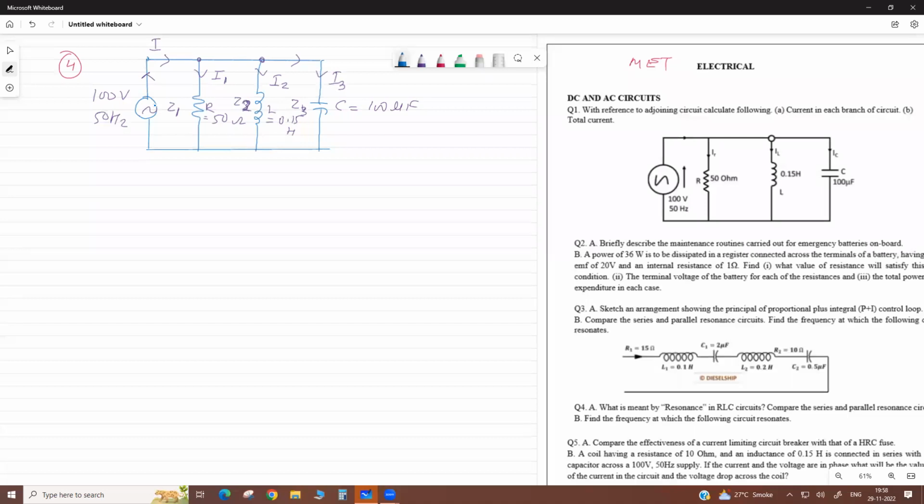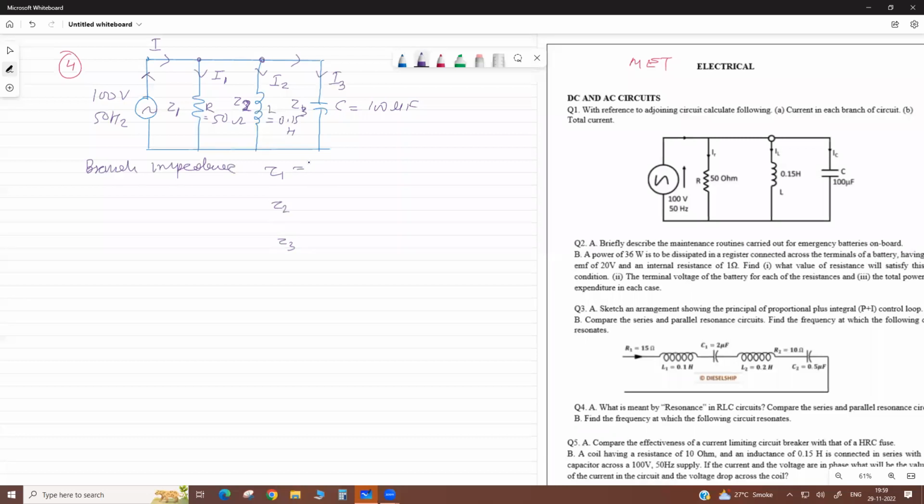So you can easily calculate. First of all, branch impedances. Just write the impedance of branch Z1, Z2, Z3.